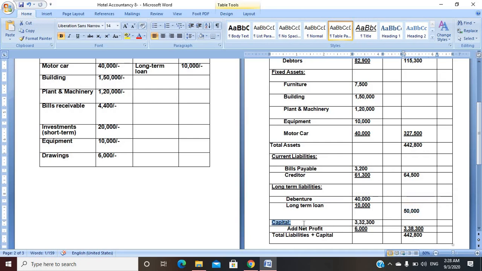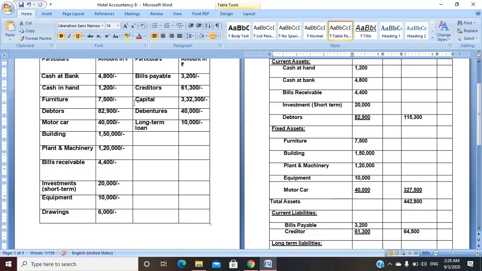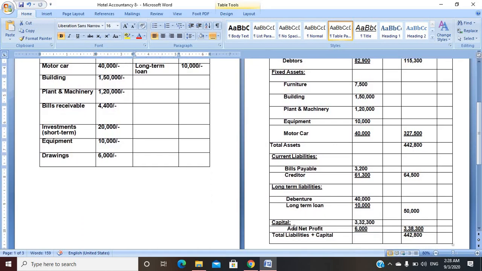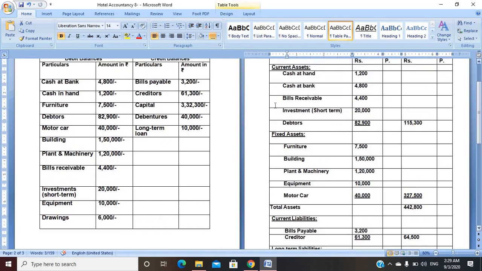Next I mention capital. As I mentioned in earlier classes, this also comes under liabilities. So the capital amount is 3,32,300. That can easily be ascertained here. I just mentioned the same amount here, the capital amount. Add net profit. As I said earlier, whatever profit comes should be added to capital.